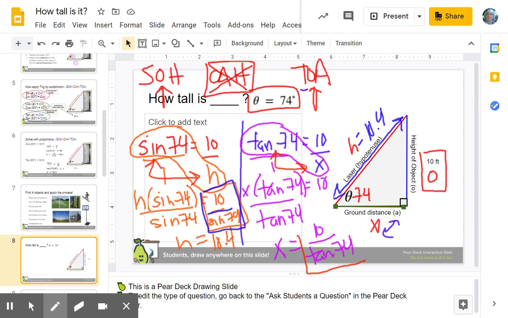So I put this into my calculator now. So we're going to do the same thing, 10 divided by tangent 74. Oh, I didn't put my parentheses in. Oh, it didn't matter. Look at that. So now my x, this horizontal distance down here, is 2.87.